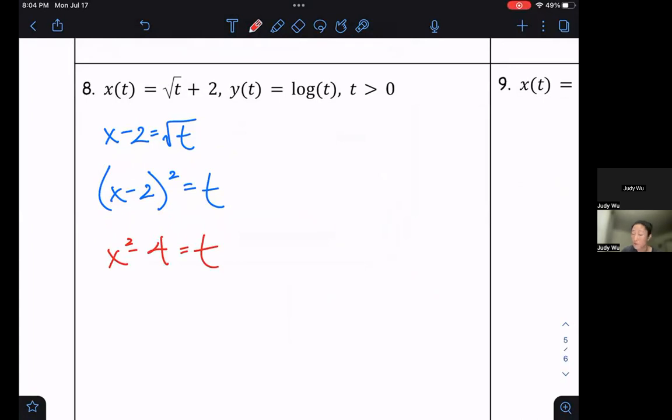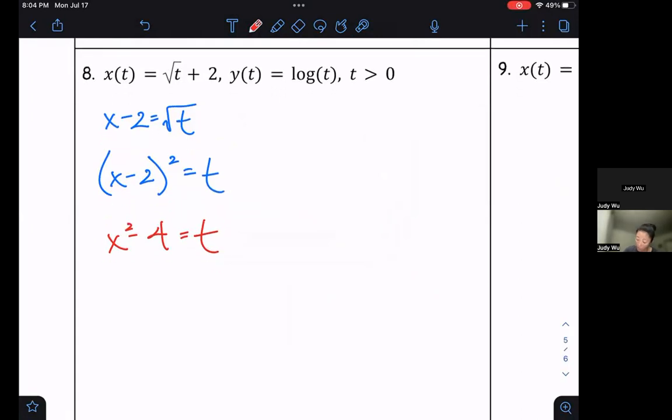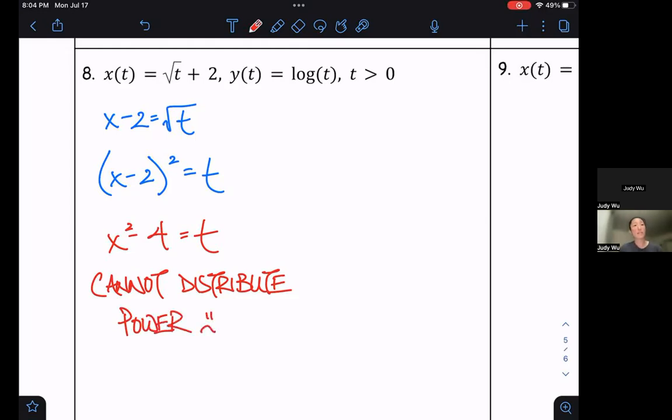I'm going to pause for a moment here because I know some of us watching this video make this mistake, okay? You cannot distribute the power, okay? You cannot distribute that power when you have a plus or a minus in there.